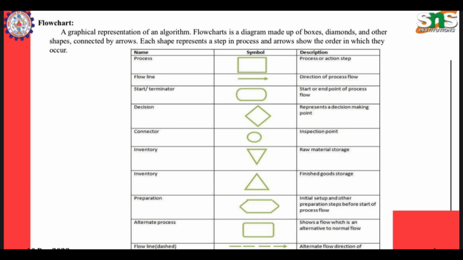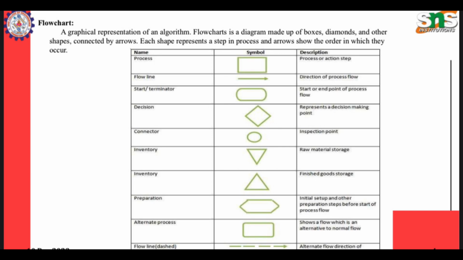Next is the diamond symbol, in which the decisions are taking place. Next is the circle, which is the inspection point, which is used as a connector, and inventory, which is a tilted triangle in which raw material is stored.